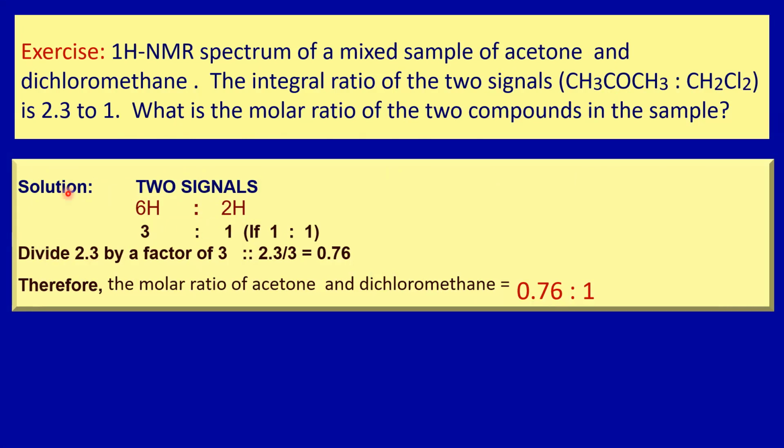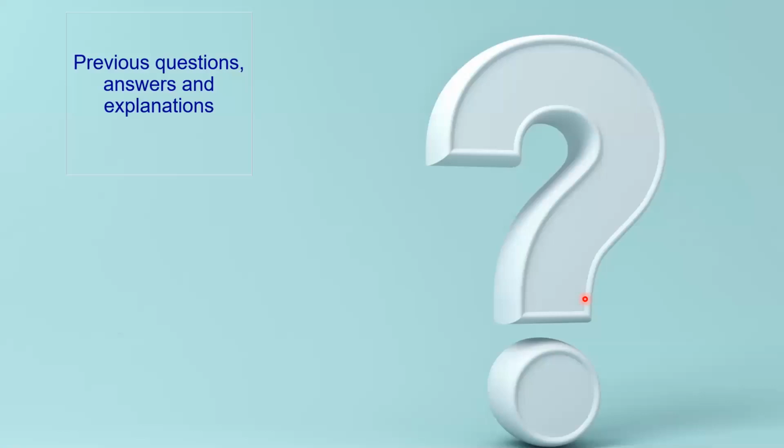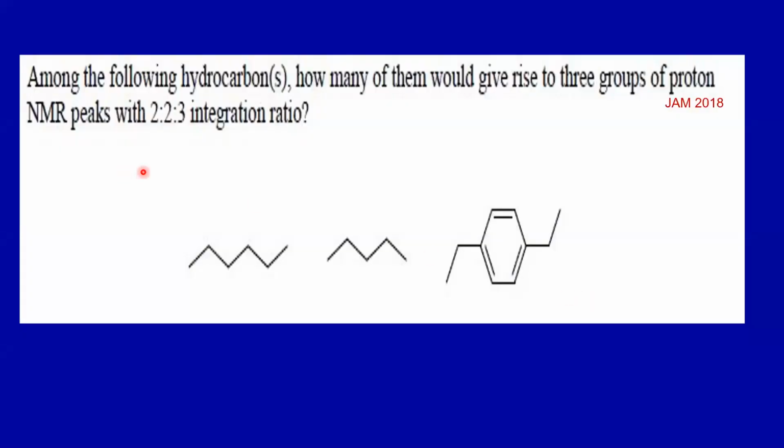Let us divide by a factor of 2.3. So you will get around 0.76. So naturally 0.76:1, because the actual ratio is like this. So when you are equating, the molar ratio will come as 0.76:1. This has appeared in JAM 2018.